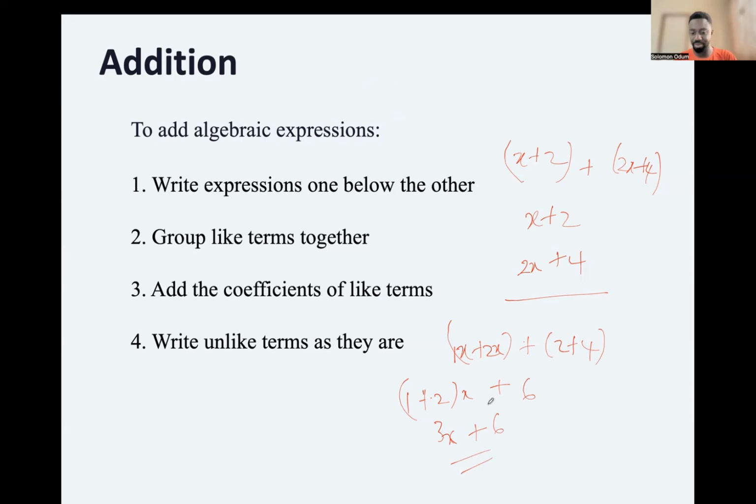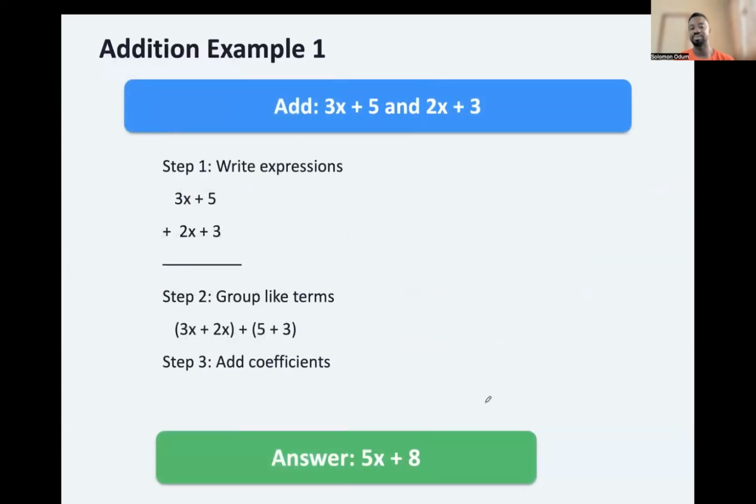Then let us solve examples of addition. In the first question, they say add 3x plus 5 and 2x plus 3. First, we write the expressions: 3x plus 5 plus 2x plus 3. Good. And we group the like terms. 3x and 2x are like terms, so we group them together.